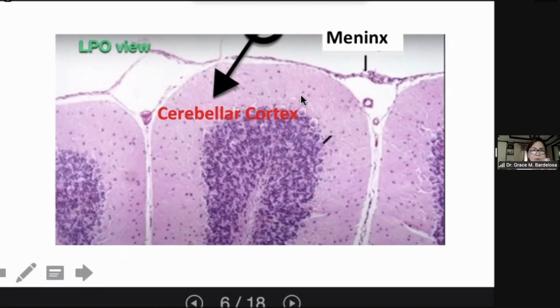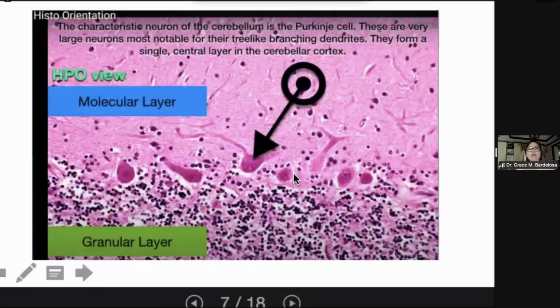The cerebellar cortex is further subdivided into the first, the molecular layer; second, the layer of the Purkinje cell; and third, the granular layer. On further magnification, we can see that the Purkinje cell layer is just a single layer of very large flask-shaped cells called Purkinje cells.